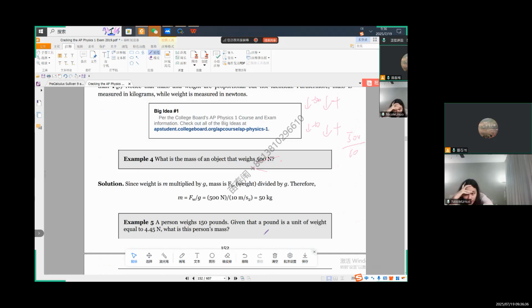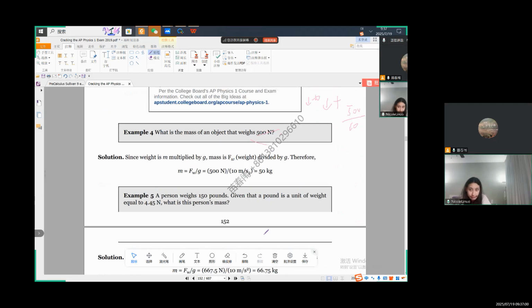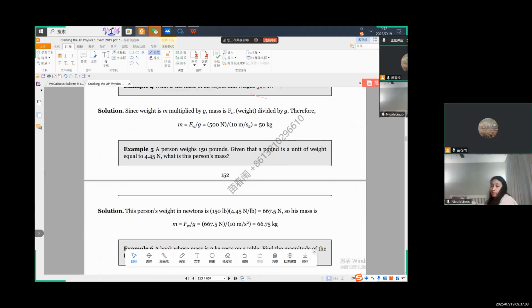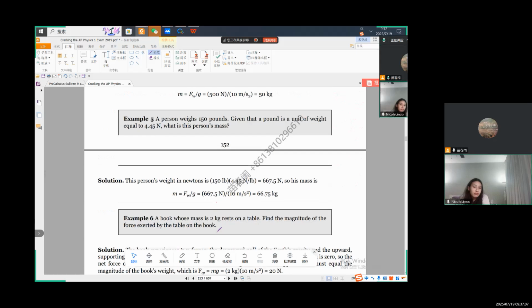Example 5. 66.75. Yeah, I don't like the tongue that needs 6.